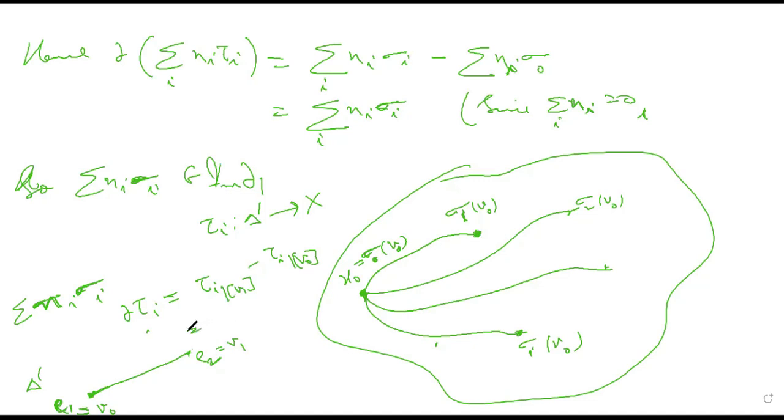But that singular zero simplex is nothing but sigma I, and this one is going to be sigma 0. So once we have this, one can talk about the image of the summation n I tau I, and then one has this 0.